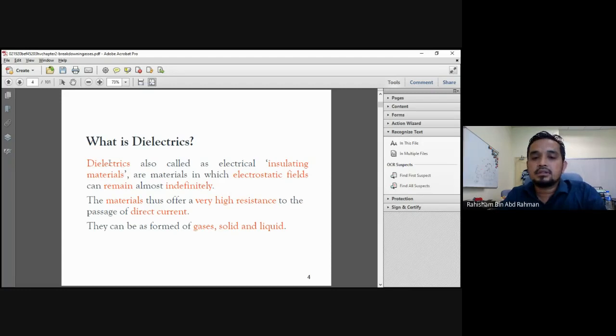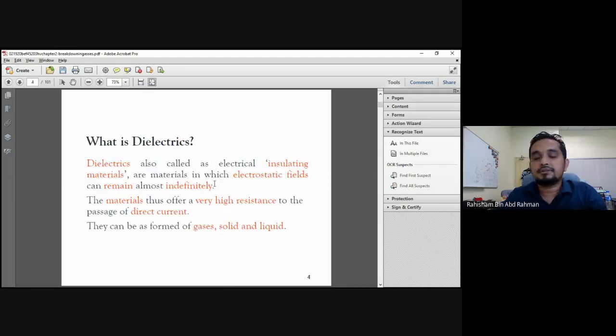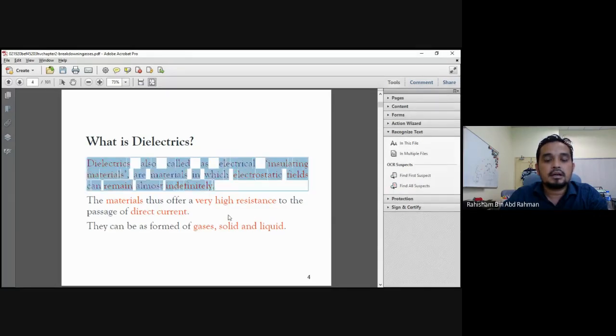What is a dielectric? You can read obviously from the notes, but in the simplest meaning, it is like an insulator. It is basically the insulator for high voltage power equipment. The definition you can read here in the text.